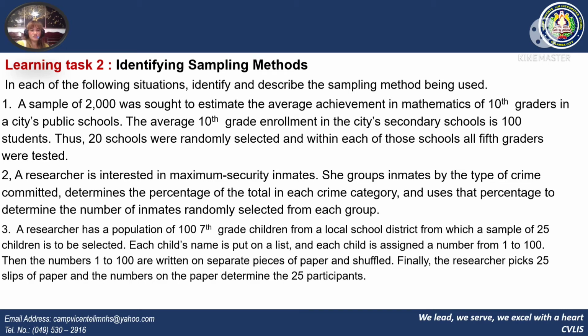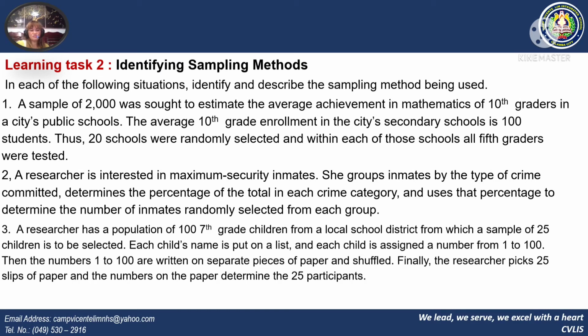2. A researcher is interested in maximum security inmates. She groups inmates by the type of crime committed, determines the percentage of the total in each crime category, and uses that percentage to determine the number of inmates randomly selected from each group. 3. A researcher has a population of 100 7th grade children from a local school district from which a sample of 25 children is to be selected.